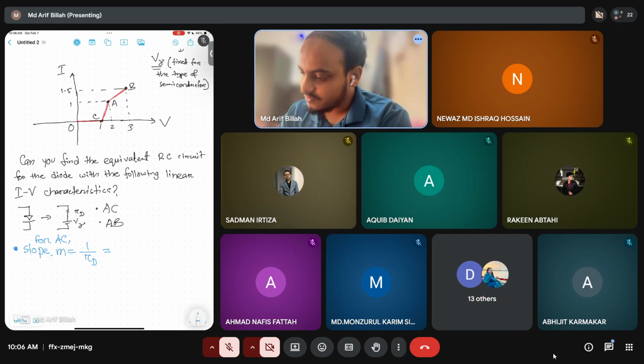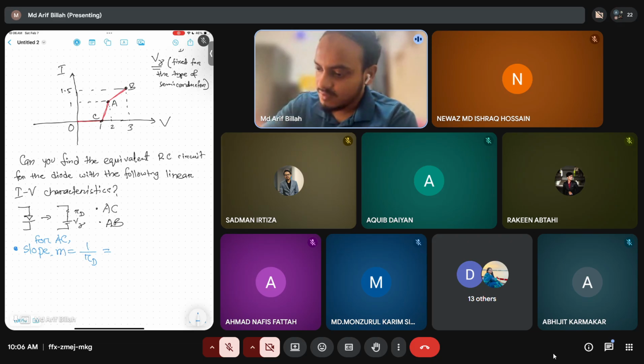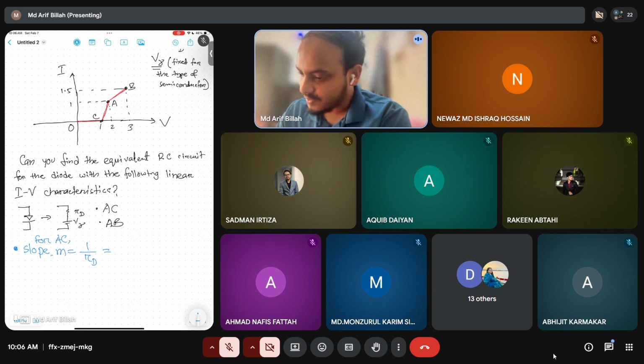It's y1 minus y2 over x1 minus x2, right? So if we take A as the first point and C as the second point, the y values are 1 minus 0 and the x values are 2 minus 1.